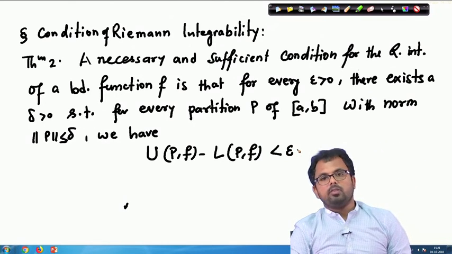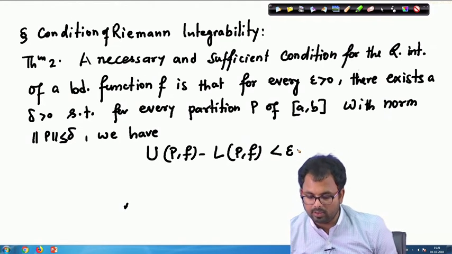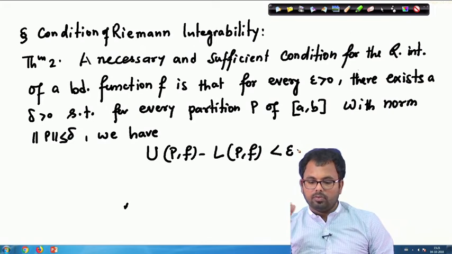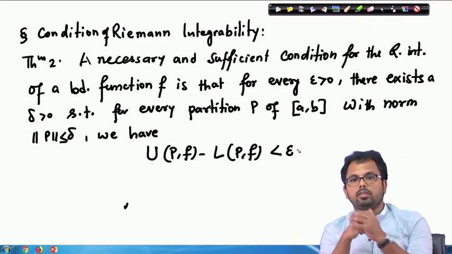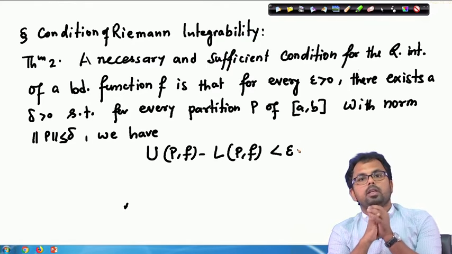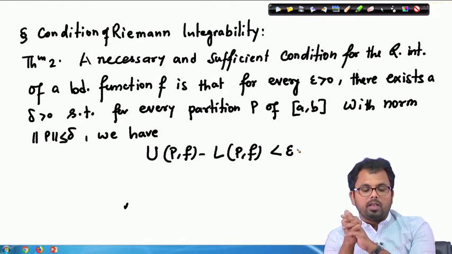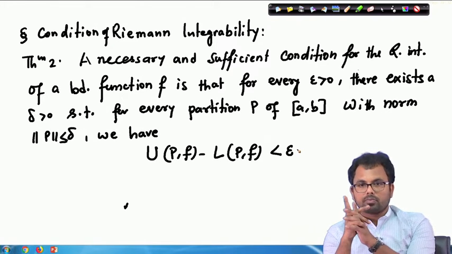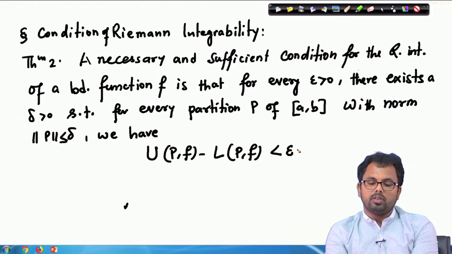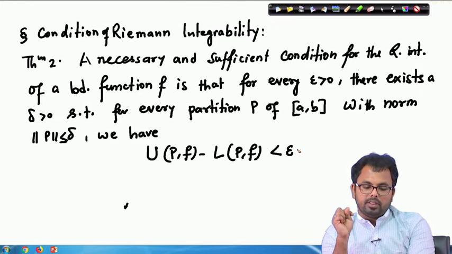So, that means if you are given a bounded function f, and you would like to see whether that function is Riemann integrable or not, then we have to calculate the upper sum and the lower sum. In the last class, we have seen how we calculate the upper sum and lower sum, and if the difference of the upper sum and lower sum is less than the chosen epsilon, then that particular function is said to be Riemann integrable.